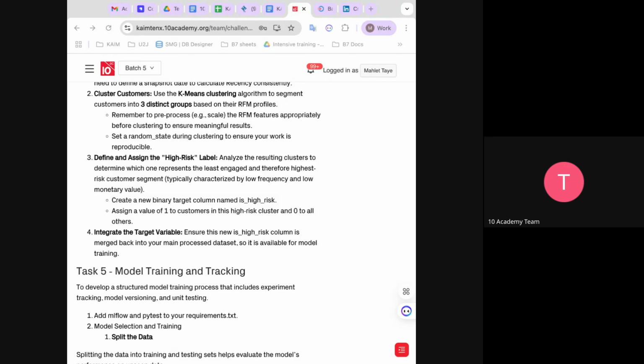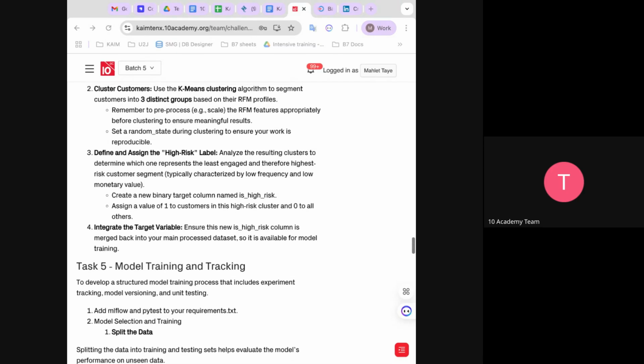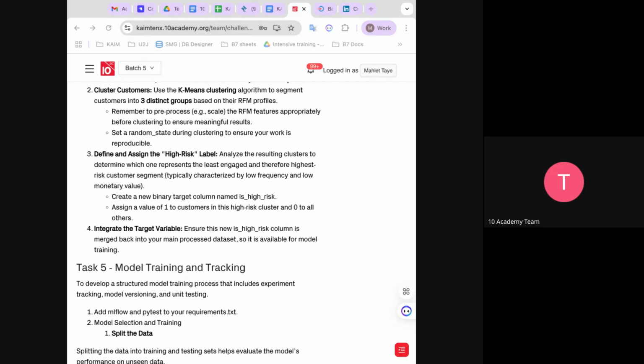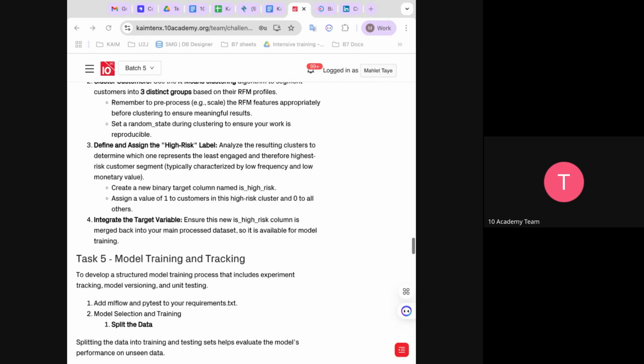This customer has this much risk in repaying, so either you have to approve or you have to decline. So this is also another proxy variable in your credit risk modeling.